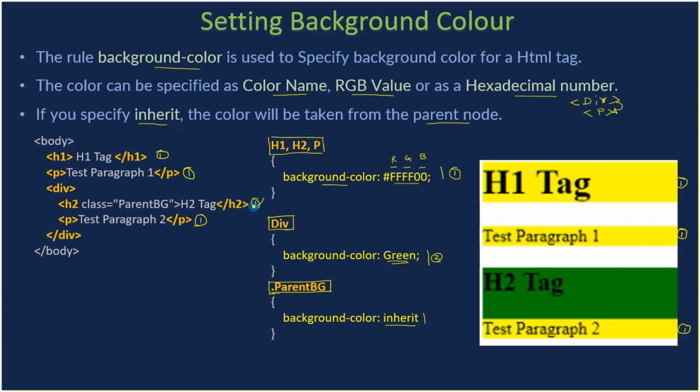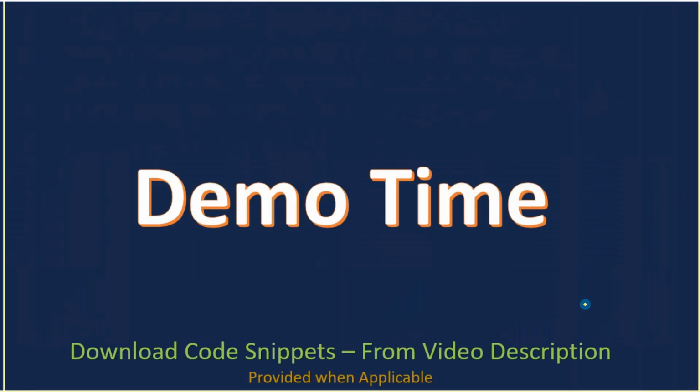Previously it was yellow, now it is green. Why? Because we specified parent BG. The parent's background color is green, so green is applied here. Alright, now we will go to the demo and see how this is working.